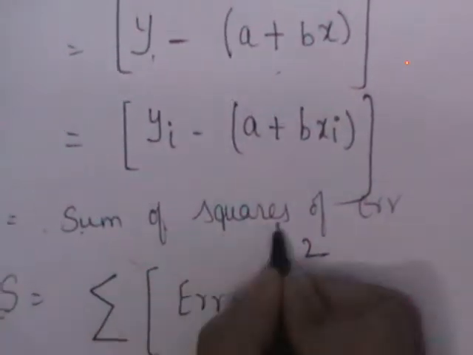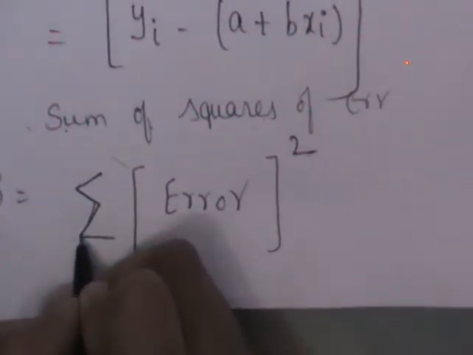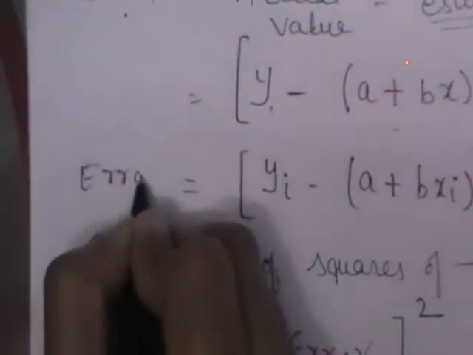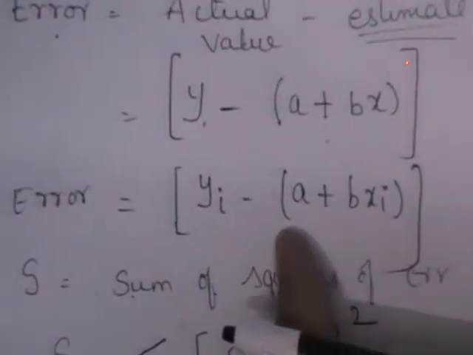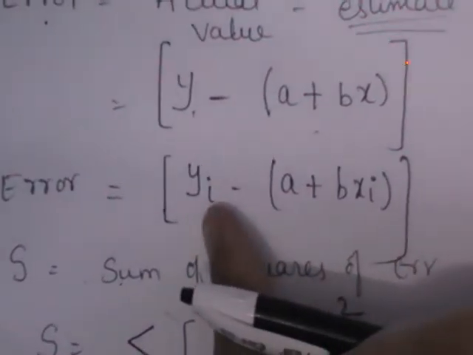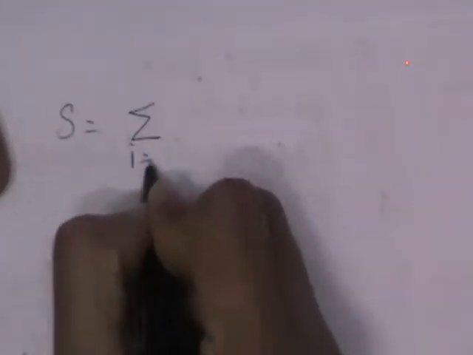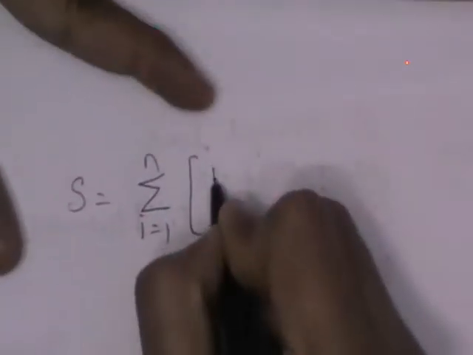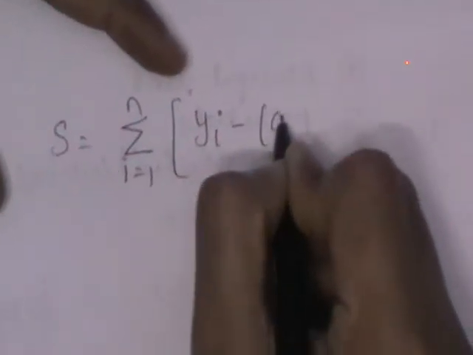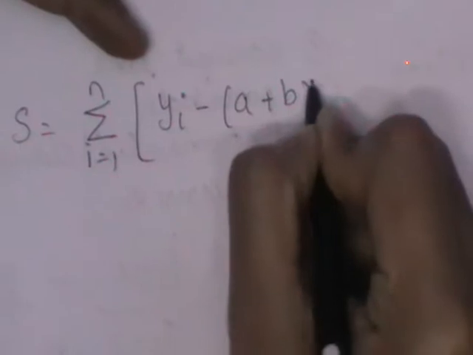How are we defining error? Error is nothing but actual value minus estimated value, which is yi minus (a plus bxi). Now S becomes S is equal to sigma, i equals 1 to n, of (yi minus (a plus bxi)) whole square.